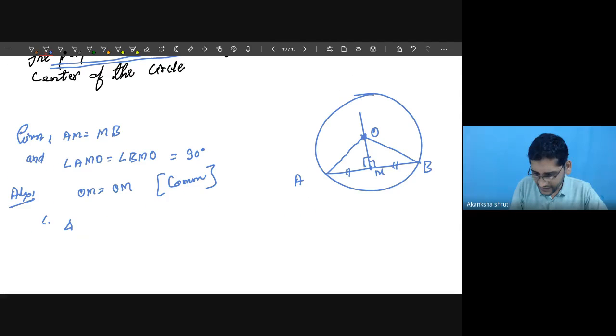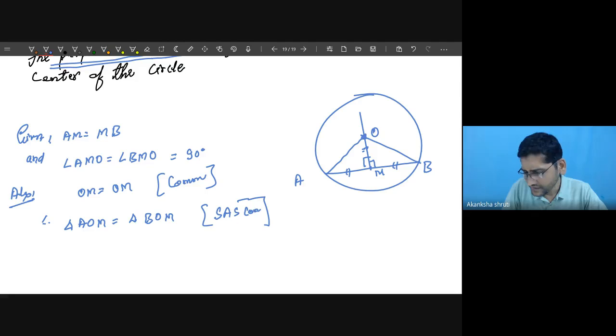Therefore, triangle AOM on the left hand side is equal to triangle BOM, by which this is common, these two are equal, so SAS congruency. By SAS congruency, these two are congruent.